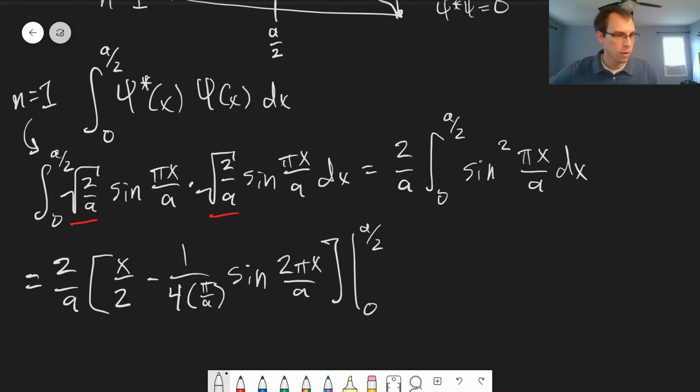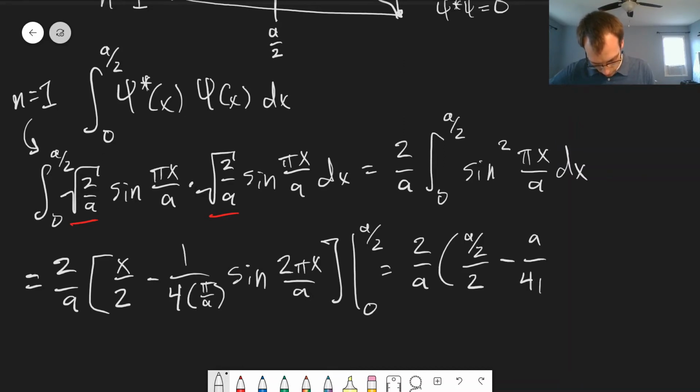Okay, and so we can go ahead and plug this in. We get 2 over a times a over 2 minus a over 4 pi sine of 2 pi a over 2a. Those all cancel.